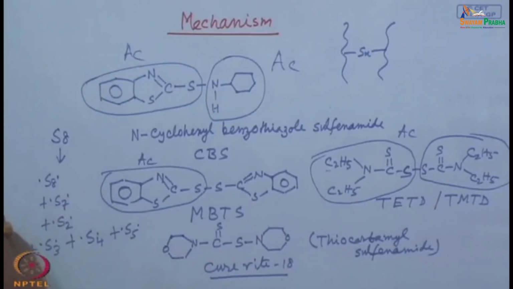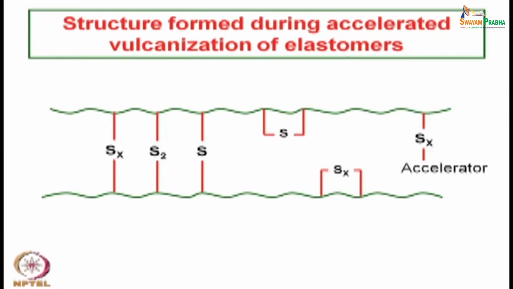That can break into polysulfides or monosulfides or even sulfur radical like this, that leads to form polysulfide, disulfide, monosulfide, some cyclic sulfide and cyclic monosulfide, cyclic polysulfide and some polysulfide accelerator complex.